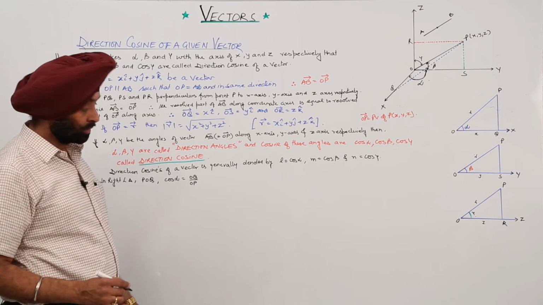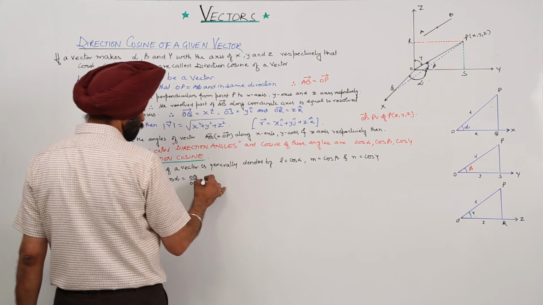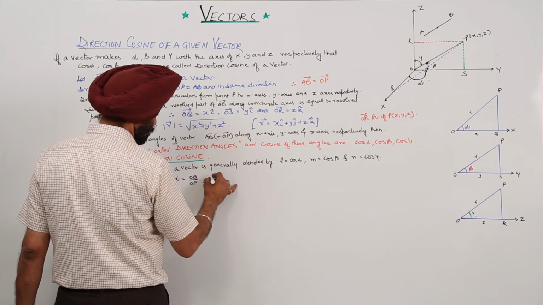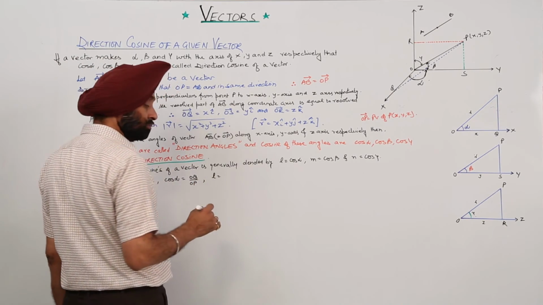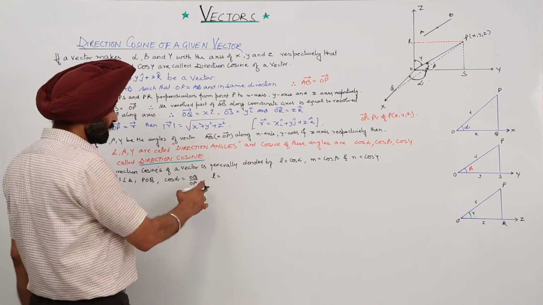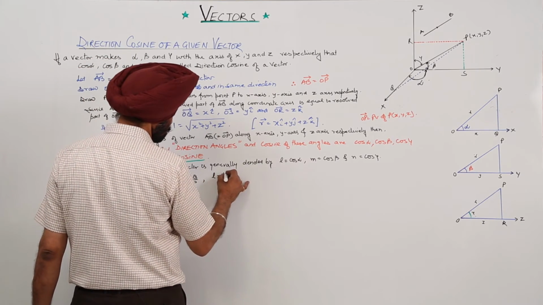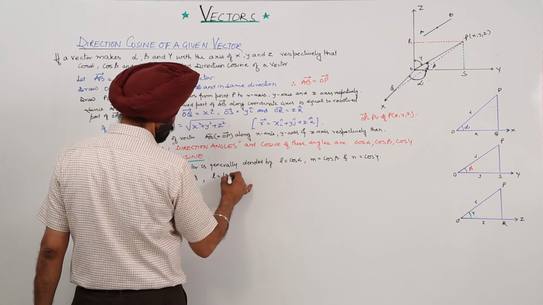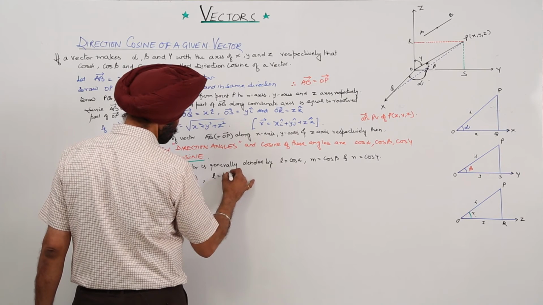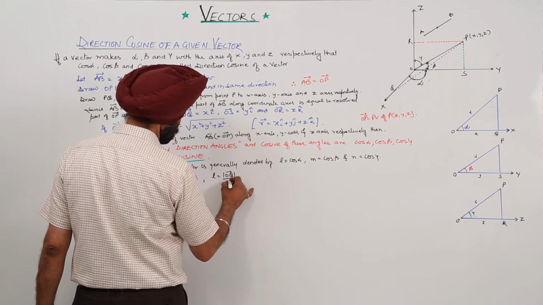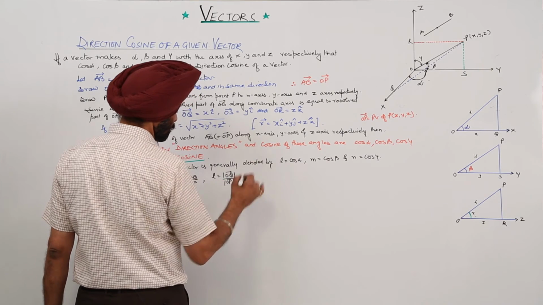Now we can write L is equal to OQ upon OP in the vector form.